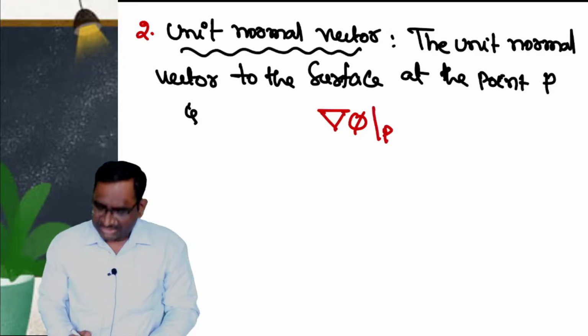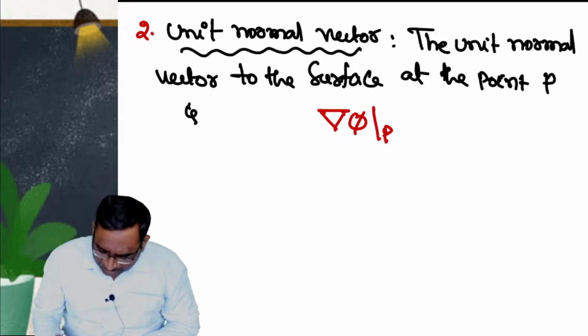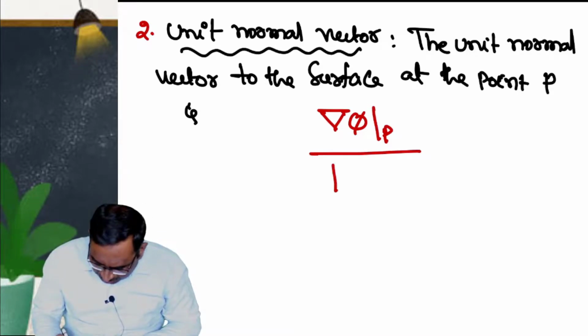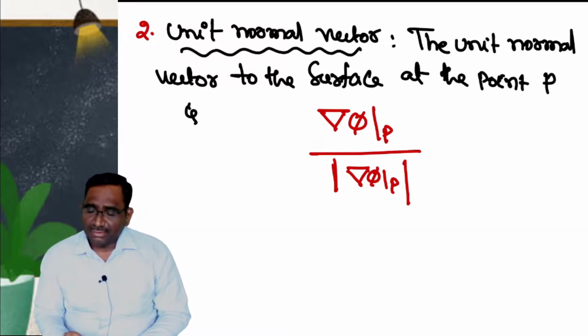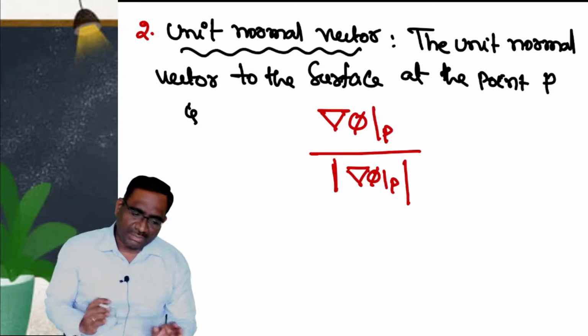Already we know this is the normal vector at that particular point. Divide this normal vector by its magnitude, modulus of del phi at P. Then we get the unit normal vector.